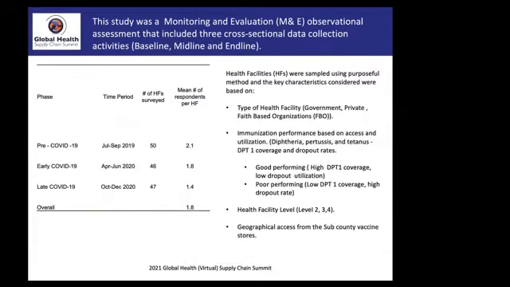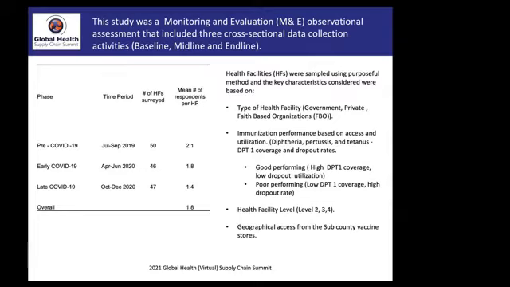So this is just to show how we carried out the pilots, and the methodology we used was more observational assessment. And as I alluded earlier, we did carry out a cross-sectional data collection and use the SurveyCTO as a tool to collect that data.